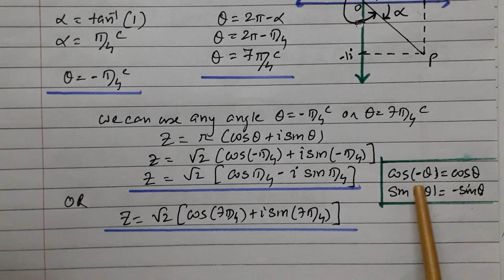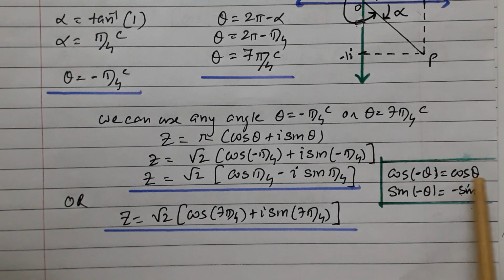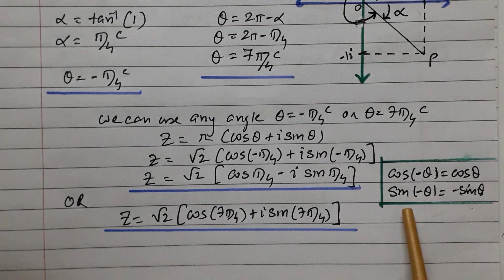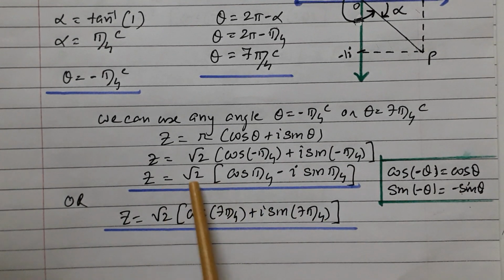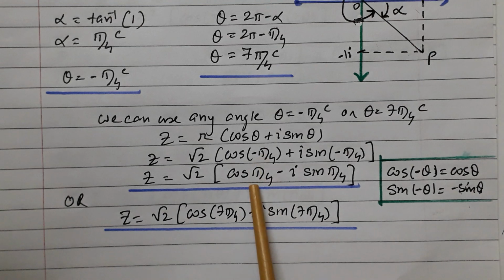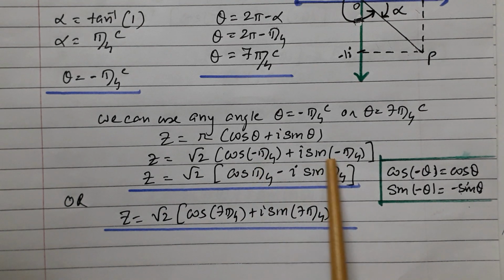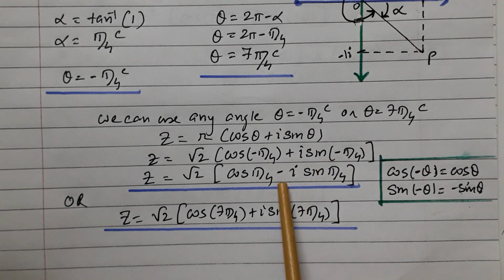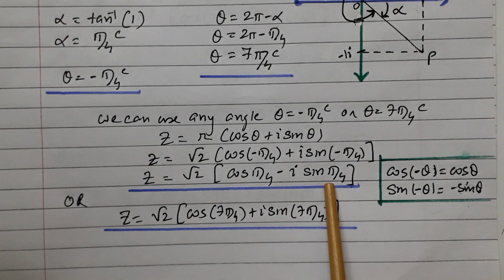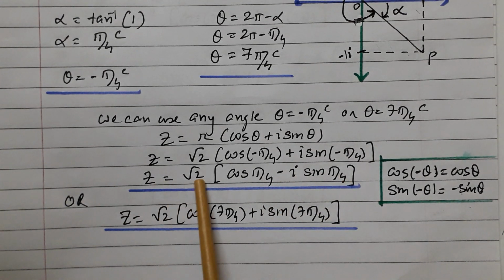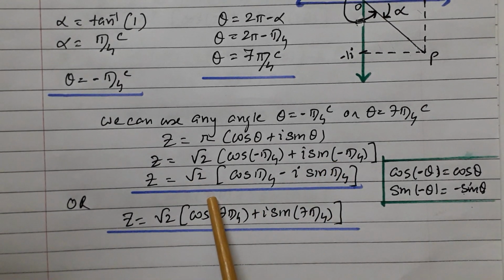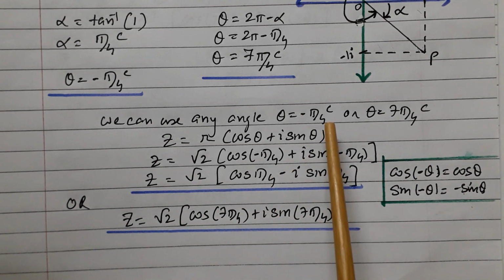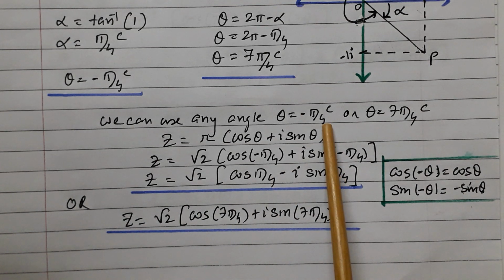Now, in trigonometry, cos of minus theta is cos theta, whereas sine of minus theta is minus sine theta. So z is equal to root 2 cos of pi by 4 minus i sine pi by 4. So this is the first way of representing the number in the polar form using the angle minus pi by 4.